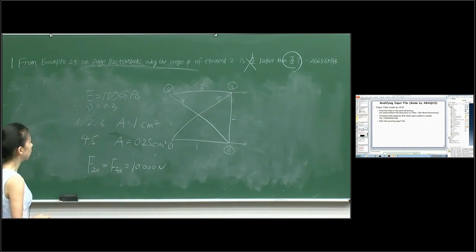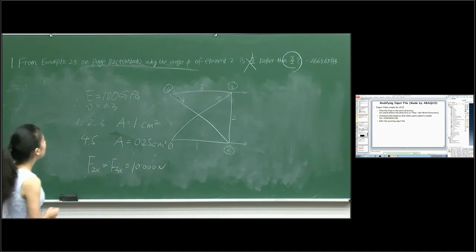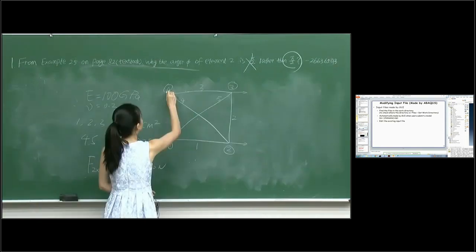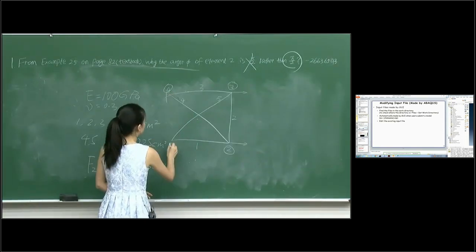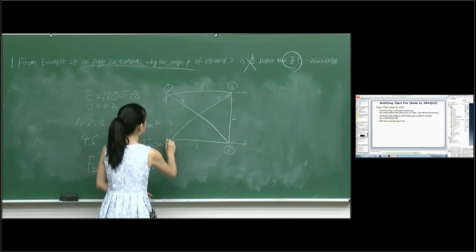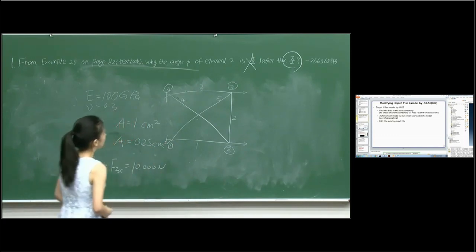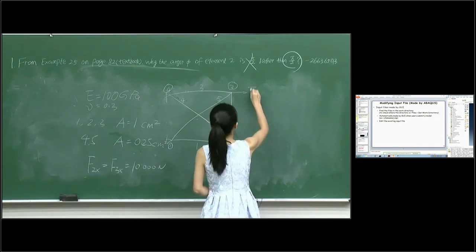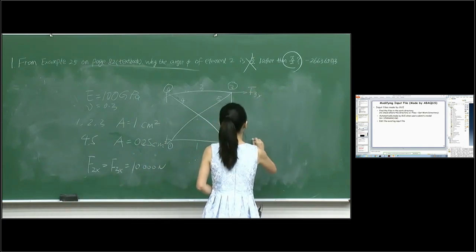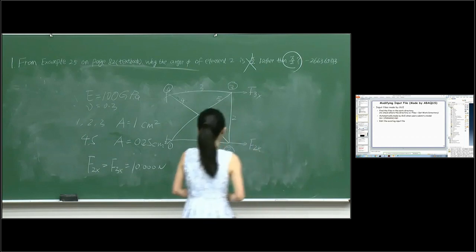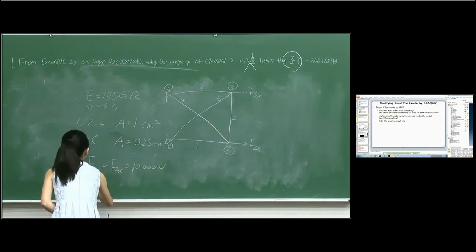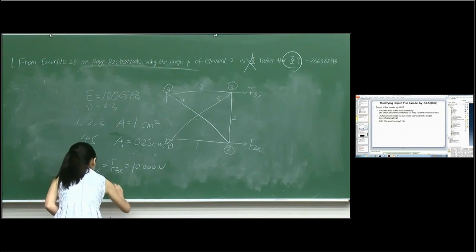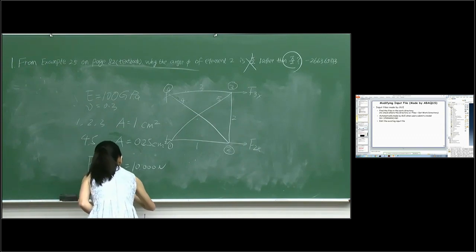What other information do I need? And boundary condition. Okay. So this is a pin joint, and this is a pin joint. I think that's it. Oh, allowable stress, 80 megapascal.